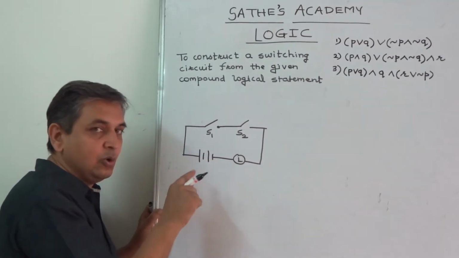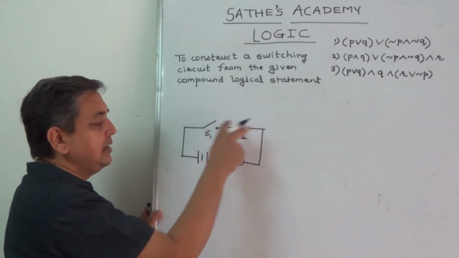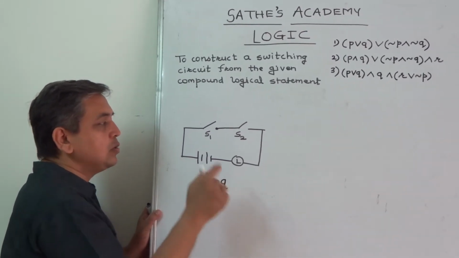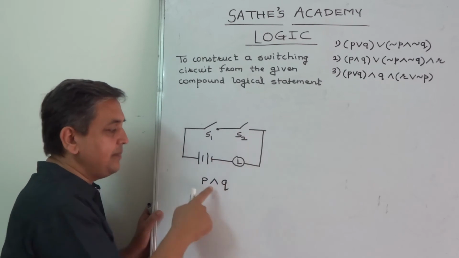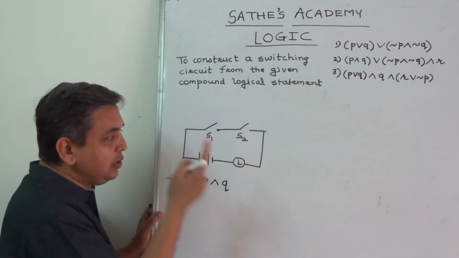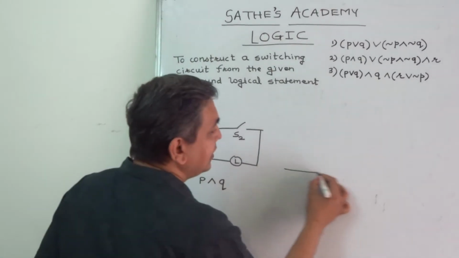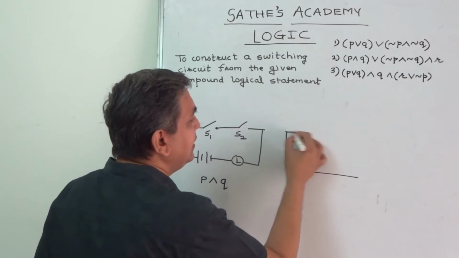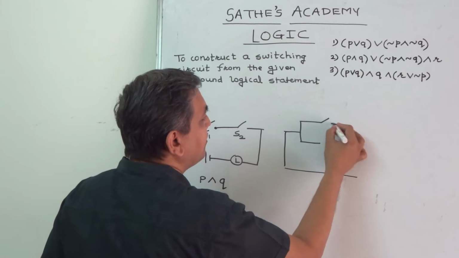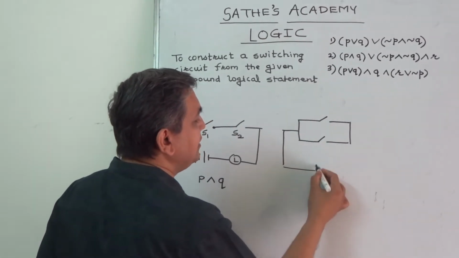Switch S1 is closed and switch S2 is closed, that is P and Q. So whenever the switches are in series, we use AND. So AND is used for switches in series. We take another example where switches are parallel. This is called switches in parallel.